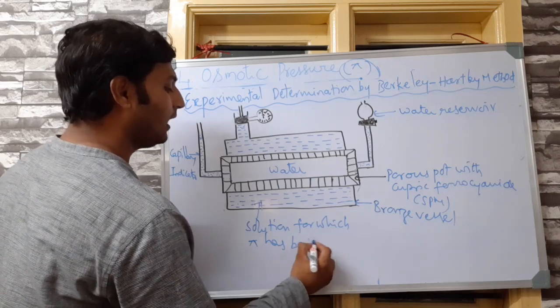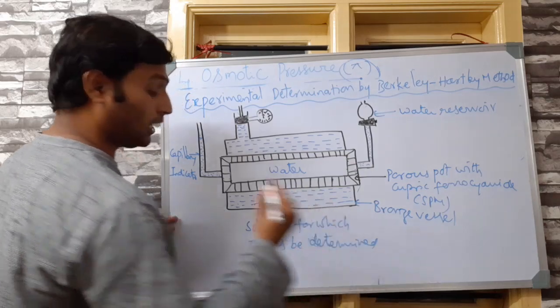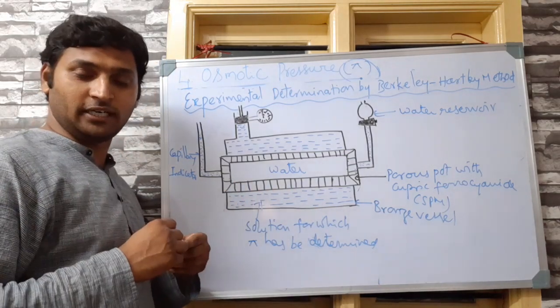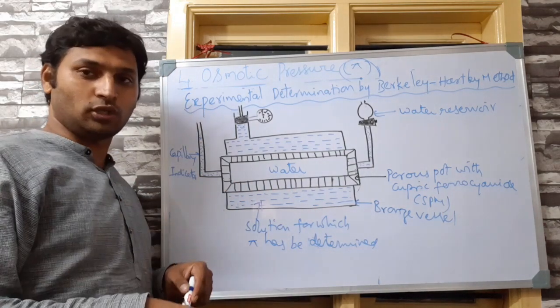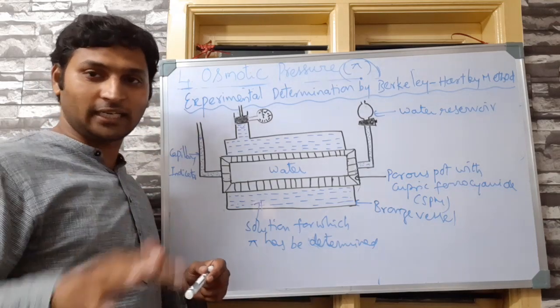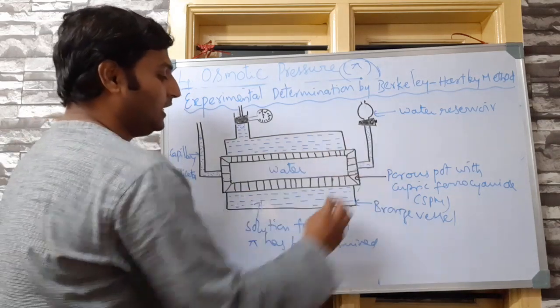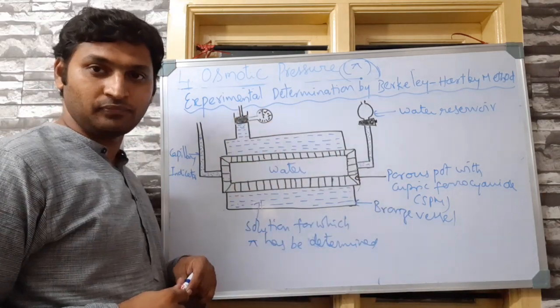Say I have got an unknown solute whose molar mass has to be determined. Then I dissolve that into a suitable solvent and prepare a solution. That solution's osmotic pressure I need to determine now. Right? Now that solution will be filled into this bronze vessel.